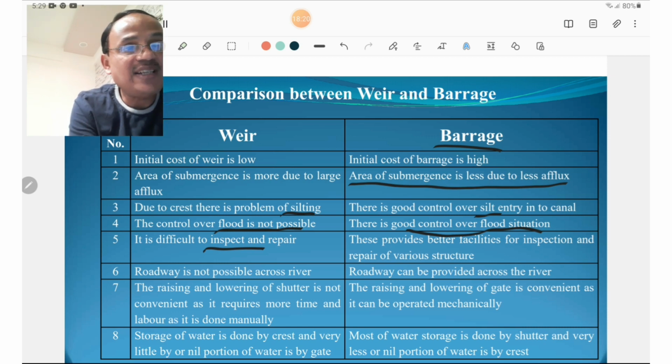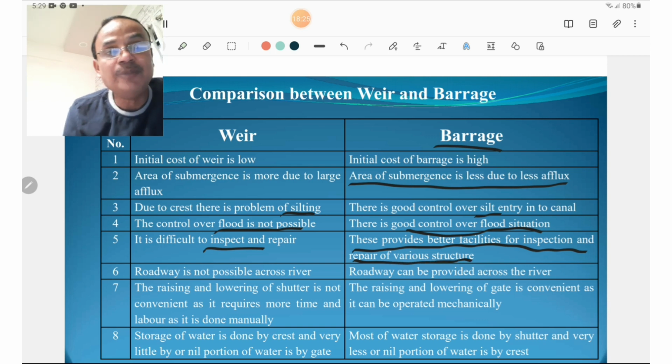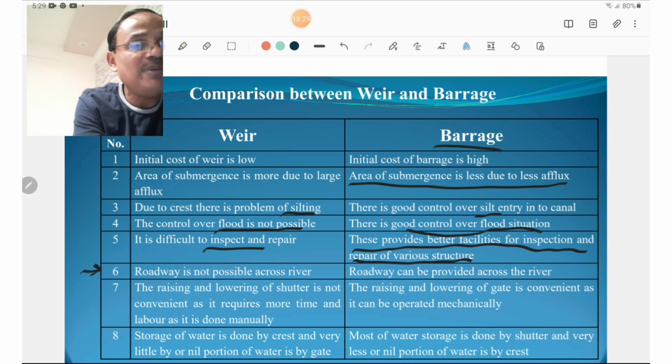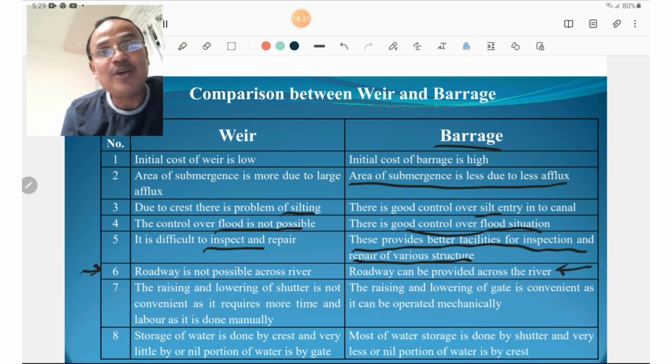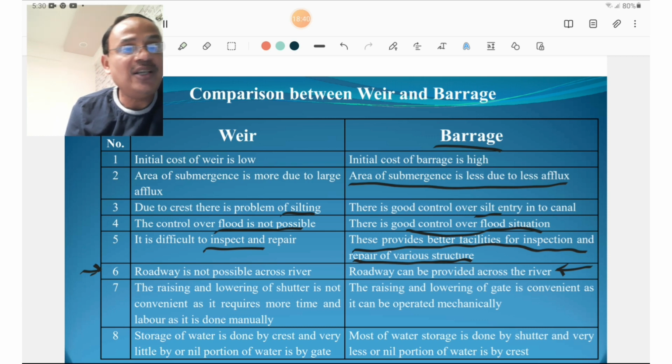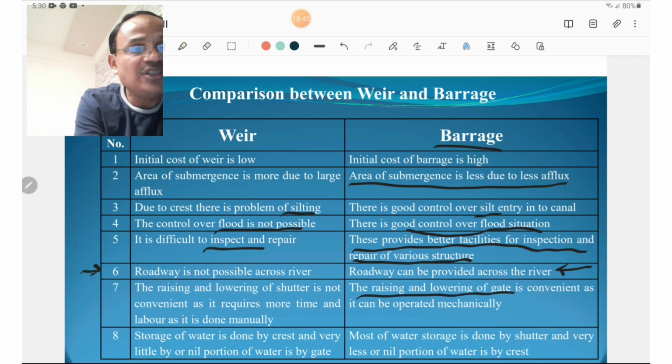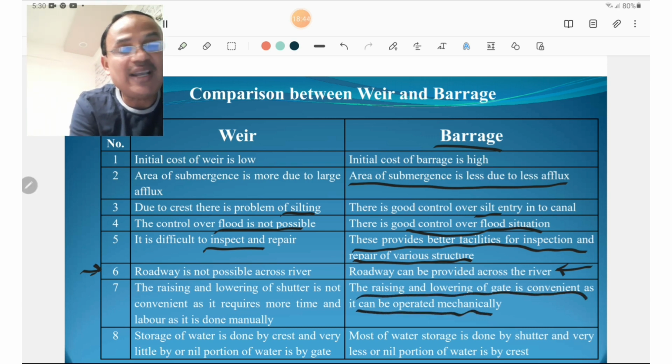But the barrage provides better facilities for inspection and repair of the various structures. A roadway is not possible across the river for the weir, but roadways can be provided across the river over barrages. The raising and lowering of shutters is not convenient as it requires more time and labor, as it is done manually. The raising and lowering of the gates is convenient as it is opened mechanically.